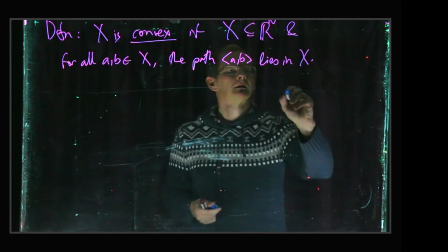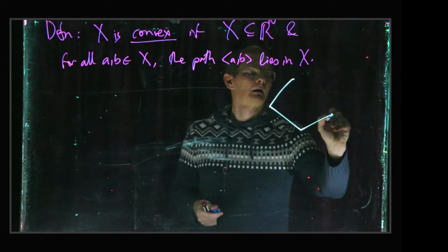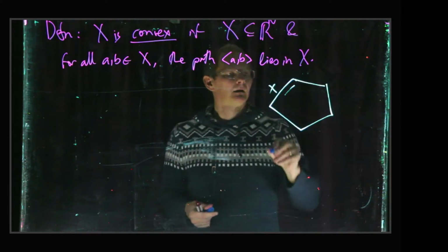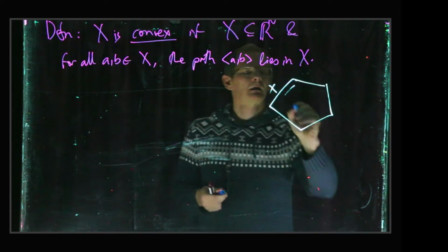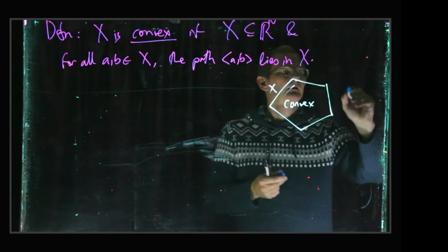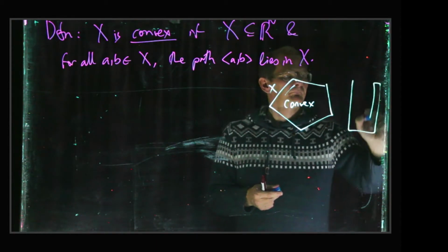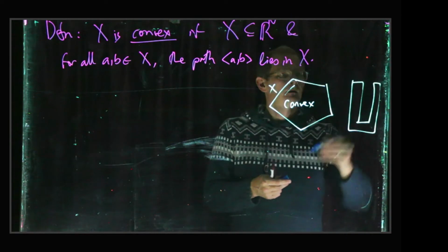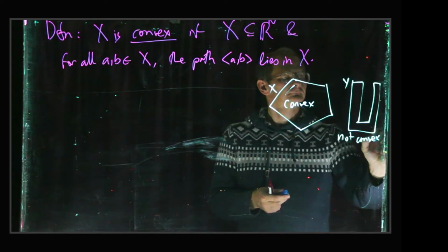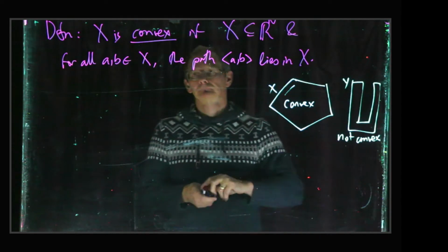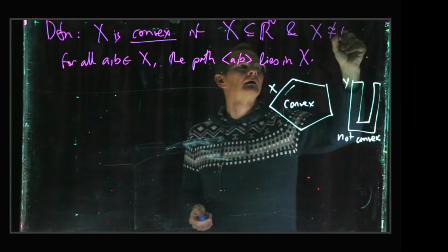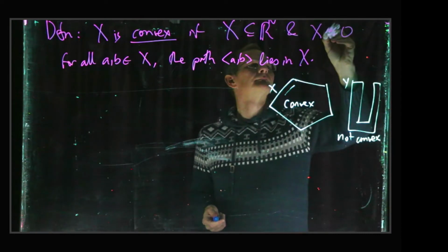So a space like this is convex, whereas a space like this one, Y say, is not convex. And part of the definition of convex is that again it should not be empty.